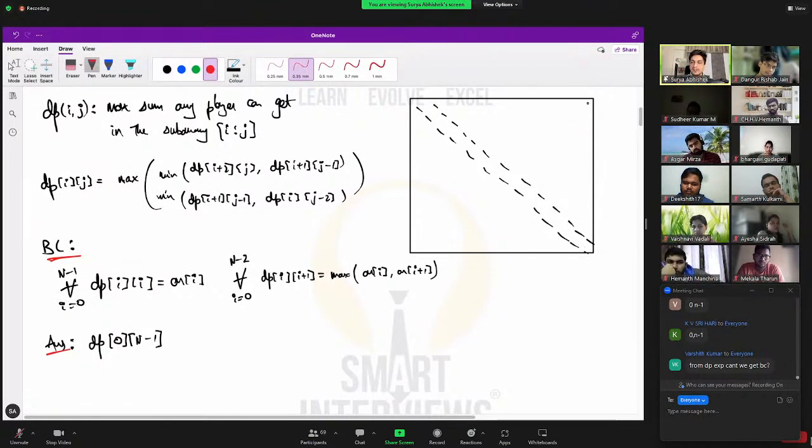And dp of 0, n minus 1 is basically here. 0th row, n minus 1th column. Means we need an n cross n matrix here. Table size: integer dp array of size n cross n.